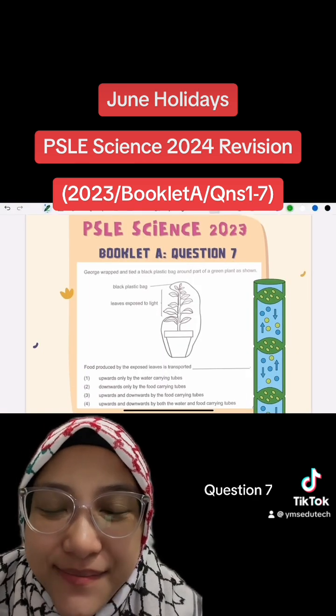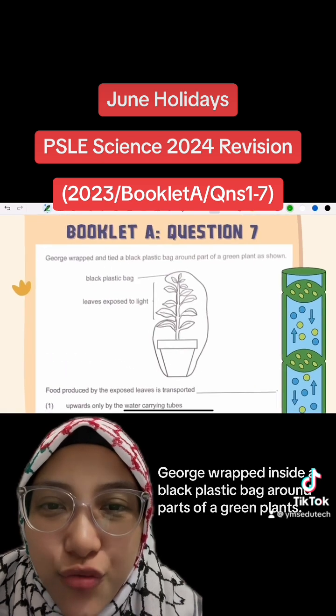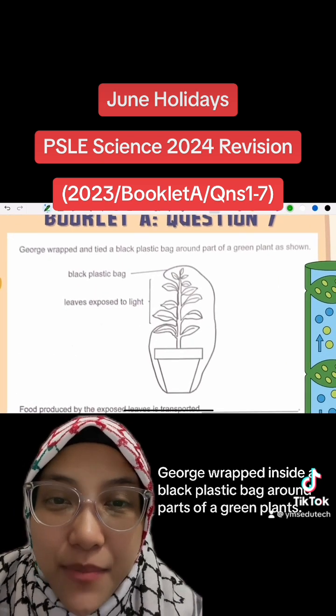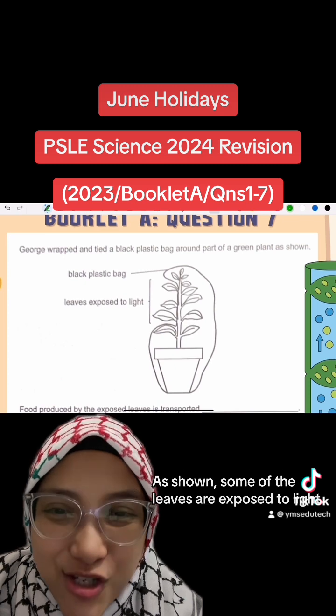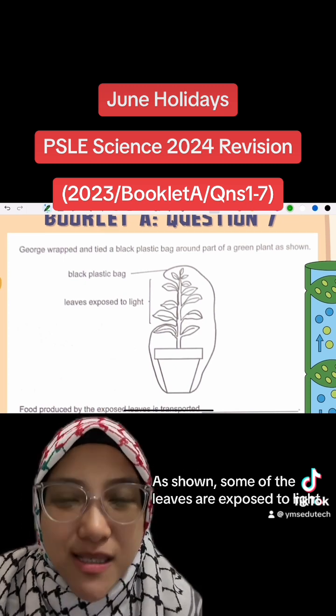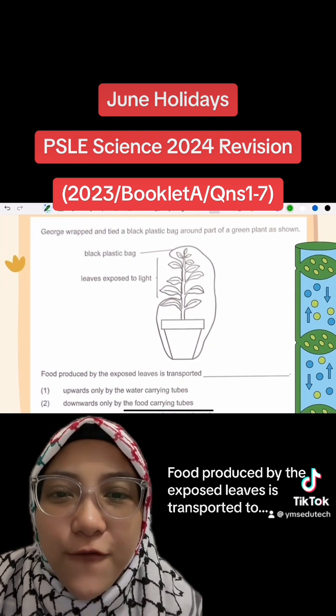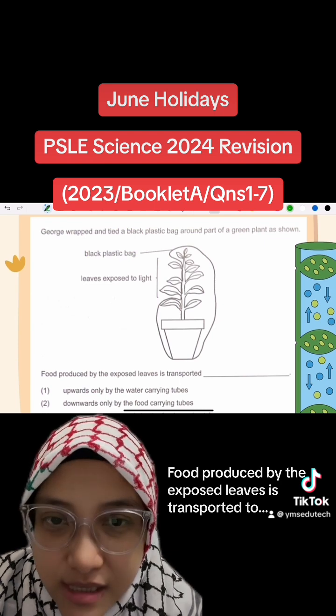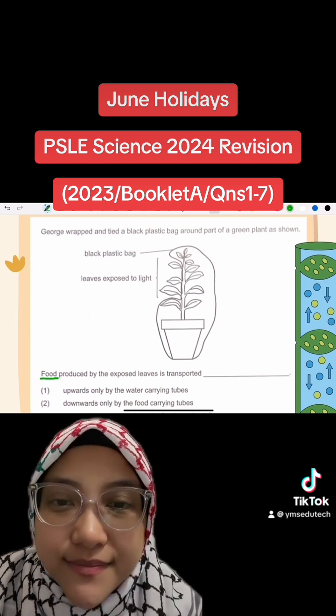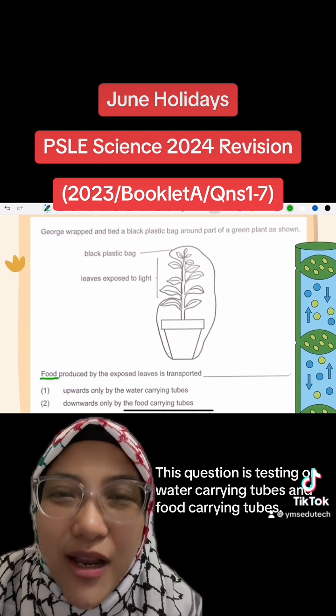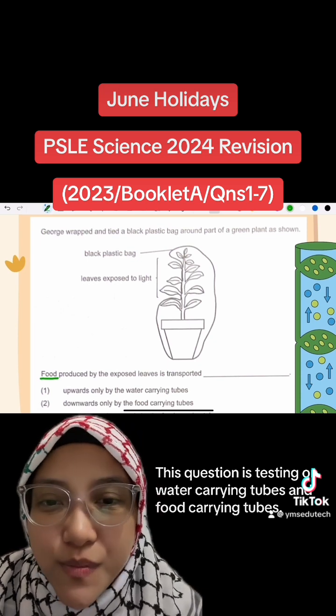Question 7. George wrapped and tied a black plastic bag around parts of a green plant as shown. Some of the leaves are exposed to light. Food produced by the exposed leaves is transported to where? This question is testing on water carrying tubes and food carrying tubes.